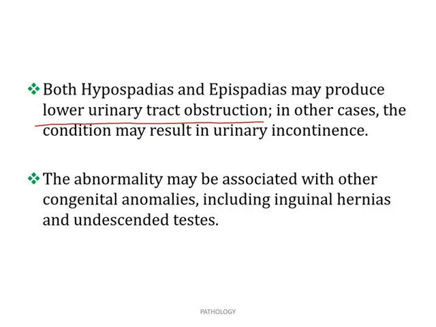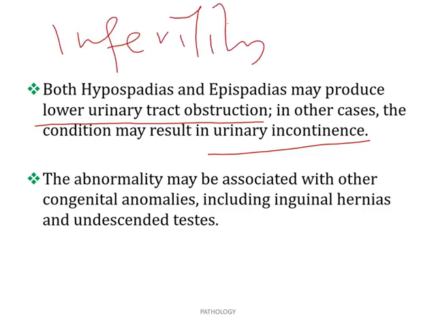In other cases, the condition may lead to urinary incompetence. Also to mention, depending on the severity of the epispadias or hypospadias, the patient can present with infertility. This will be infertility due to a problem of ejaculation, because when you are ejaculating, the sperm will be passing ventrally or dorsally. They will not go directly into the vagina.